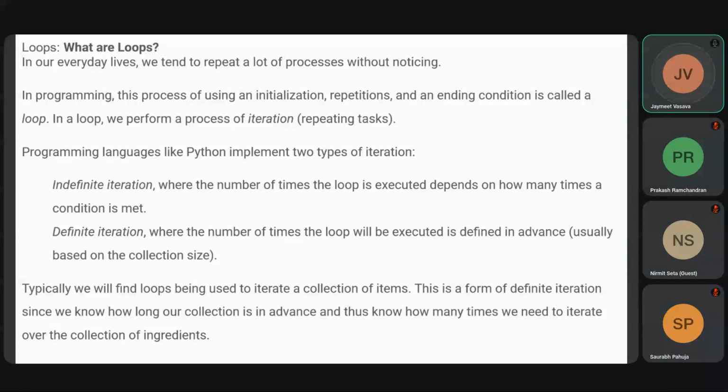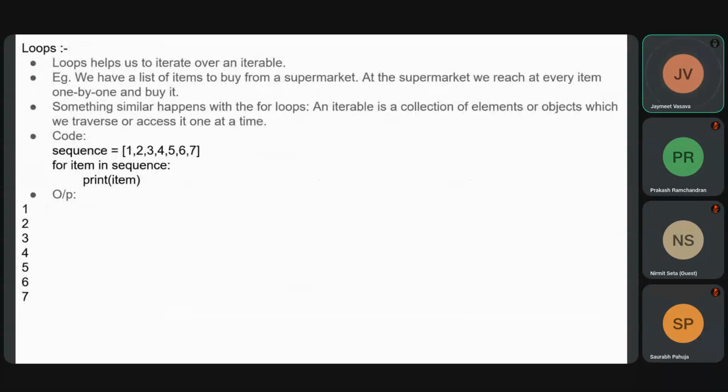One is indefinite iteration, where the number of times the loop is executed depends on how many times a condition is met, and the other is definite iteration, where the number of times the loop will be executed is defined in advance, usually based on the size of the collection. Like here, we do know how many times the for loop is going to be executed.